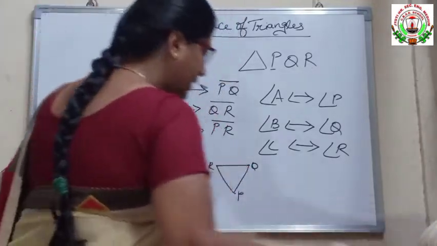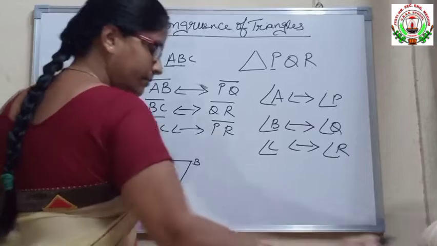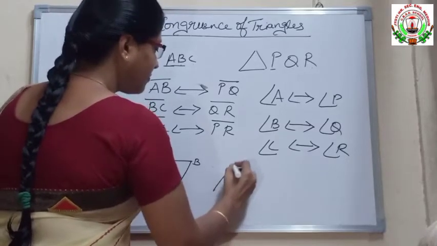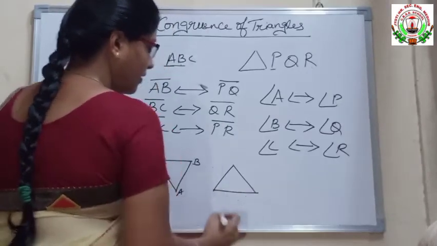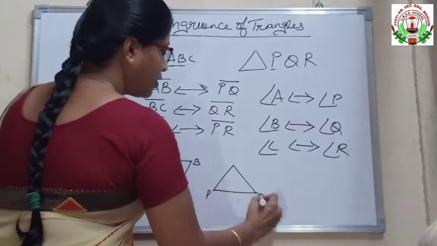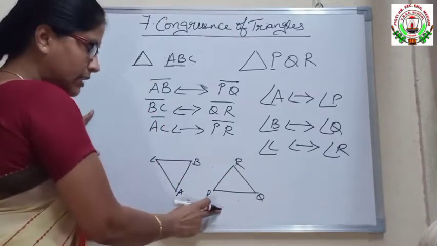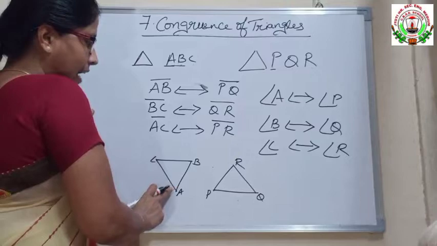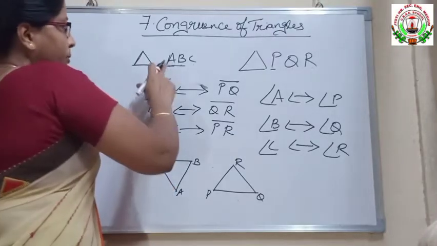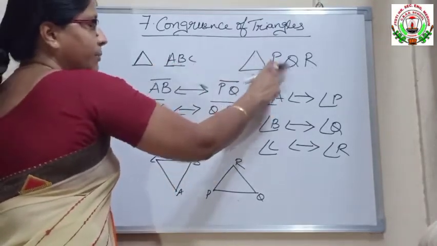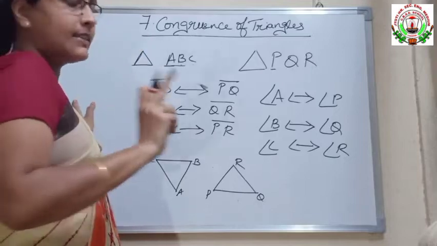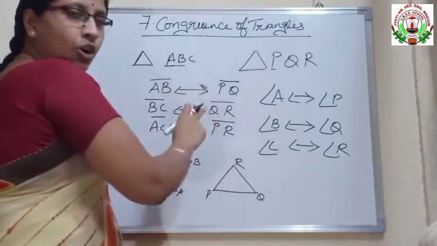It can be in a second shape also, any shape, like this. But we just have to see the positions of the alphabets, the positions of the vertices, whether they are the same or not.